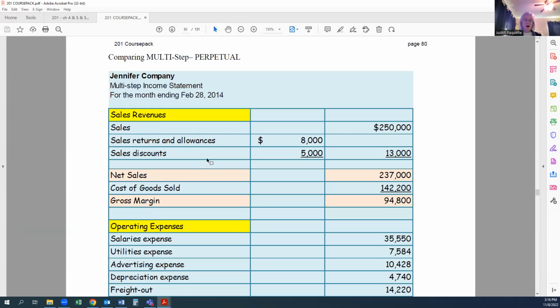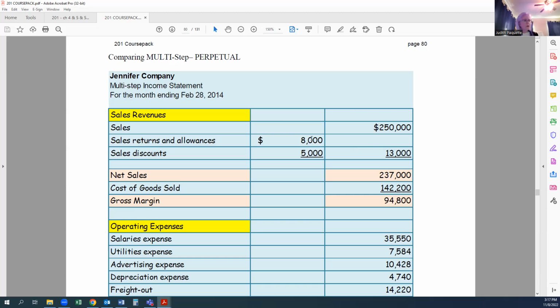And these are contra revenue accounts, which James, you'd asked about. And if you go to Target or Walmart, you buy something and then you take it back. They could just reduce the sales account, but a lot of companies like to track their returns. So instead of debiting cash and crediting sales, they'll debit sales returns and allowances, and then credit cash if they give the customer money back.